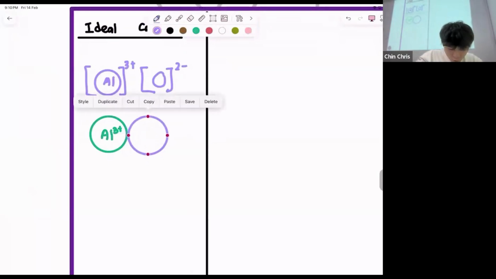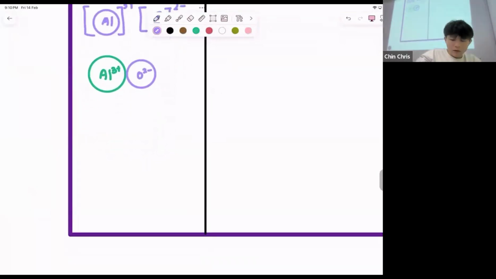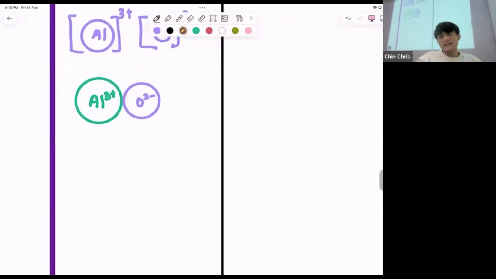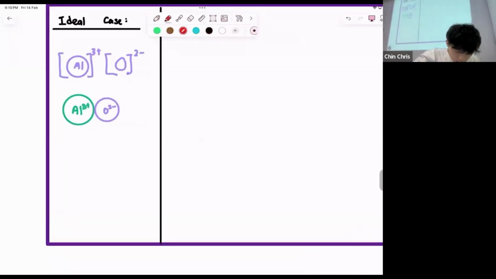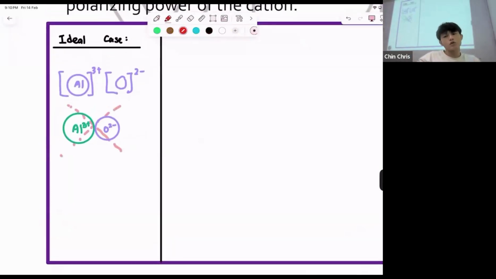You have thought that they arrange like that. But this is not the actual case. In actual case, it's not like that. You draw it out first, later I'll show you how it looks in actual.